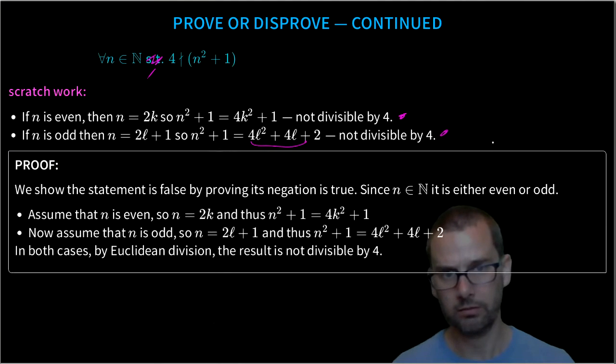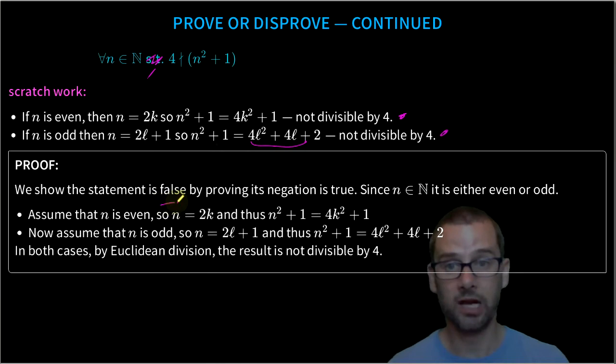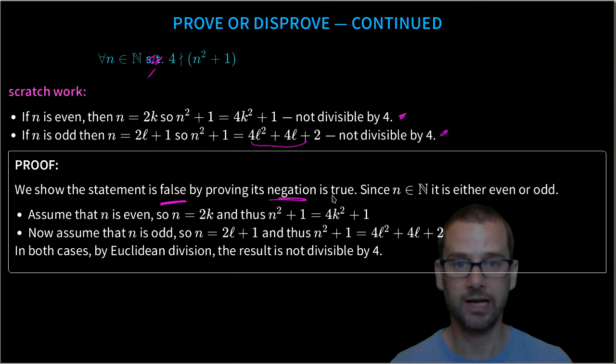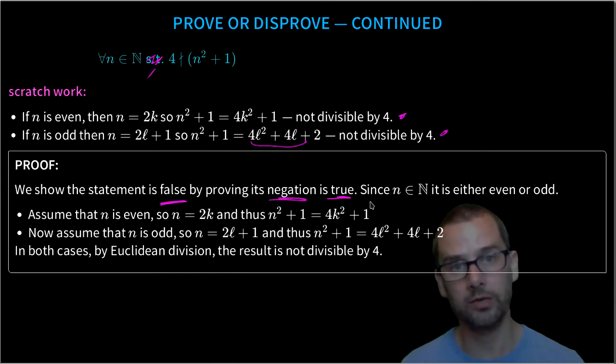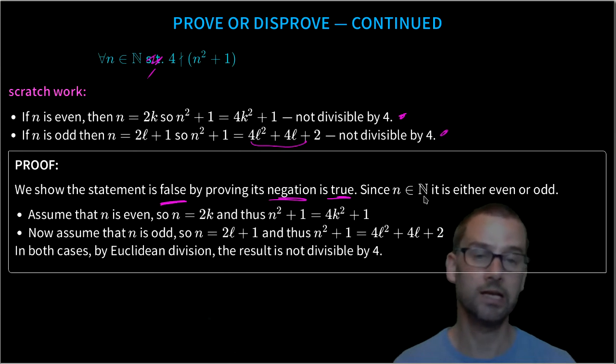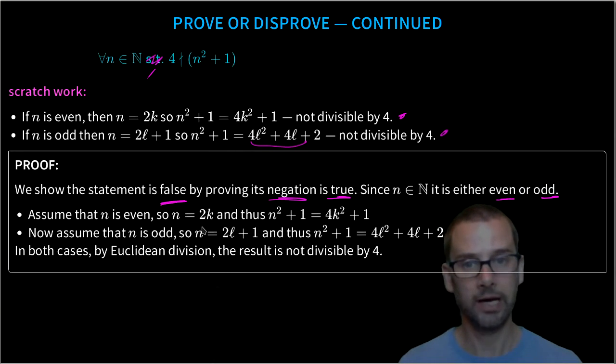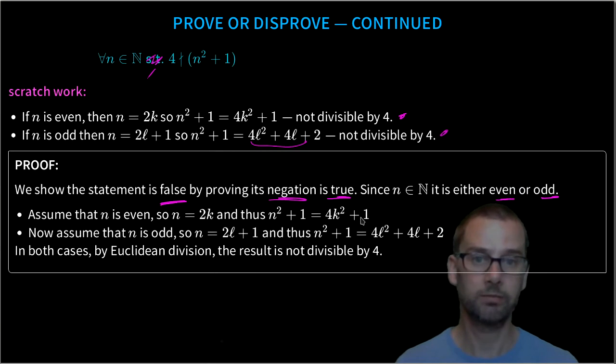Okay, so let's write this up as a proof. We're going to tell the reader we show the statement is false by proving its negation to be true. So we're telling the reader what's going on here. Now, since n is in the natural numbers, it's either even or odd. Now, assume n is even, so n is 2k, and thus n squared plus 1 is 4k squared plus 1.